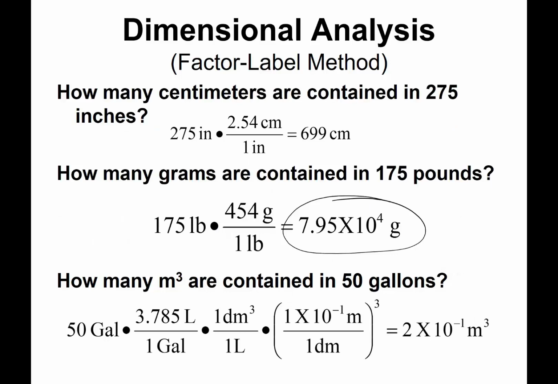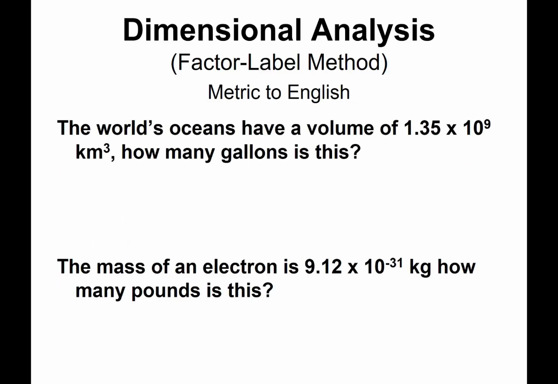All right. Let's work a couple more, and then we're done. The world's oceans have a volume of 1.35 times 10 to the 9 kilometers cubed. How many gallons is that? All right, so we start out with 1.35 times 10 to the 9 km cubed.